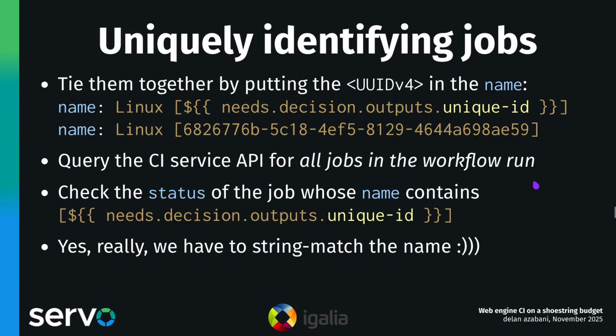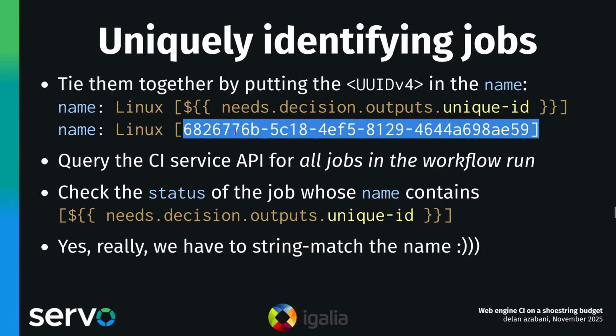So how we had to end up solving this is we had to tie these jobs together by generating a unique ID, a UUID, and putting it in the friendly name, like the display name of the job, like this.